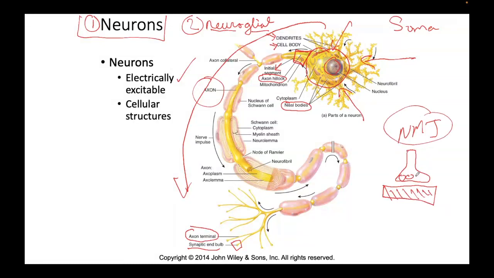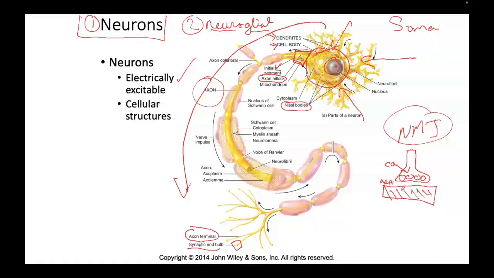And at the very end of the end bulb are these vesicles that store neurotransmitters. And if you remember, what happened was calcium influxed, it went in, and it told these vesicles to open up and release the neurotransmitter across the synaptic cleft. And that neurotransmitter was called acetylcholine, ACh.